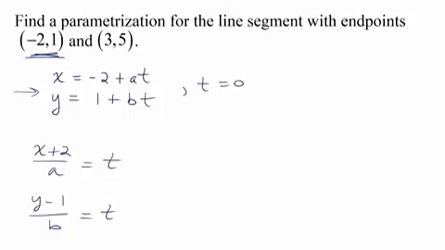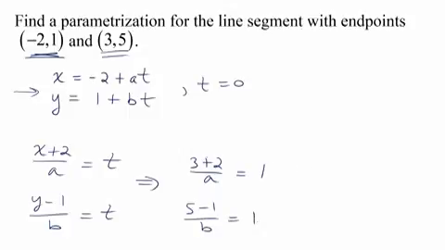So let's let t equal 1. So this implies that, now we're going to start using information from the second point, so we'll let x be 3. So we get 3 plus 2 over a equals 1. And again, we're letting t equal 1 as well. So the y-coordinate is 5, so we would have y minus 1 over b is equal to 1.